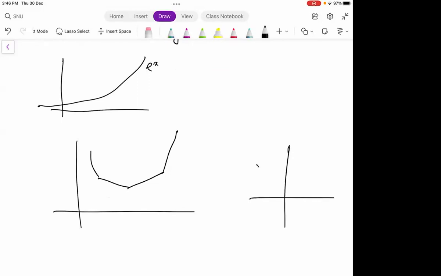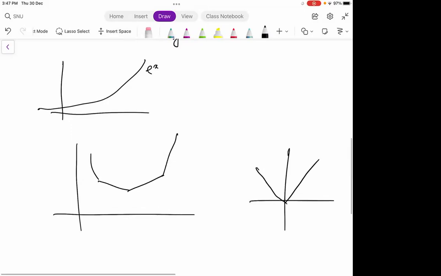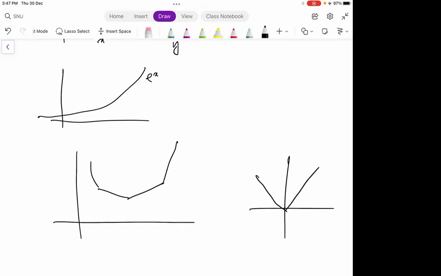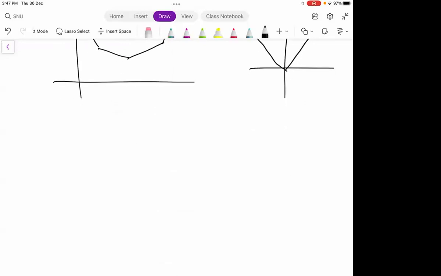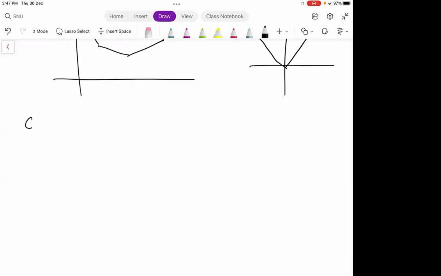Or a plain and simple mod x graph is also a convex function, trivially. So it could have corners, need not be differentiable. So these are examples of convex functions. Now, I think the first thing, I'll call it an observation.